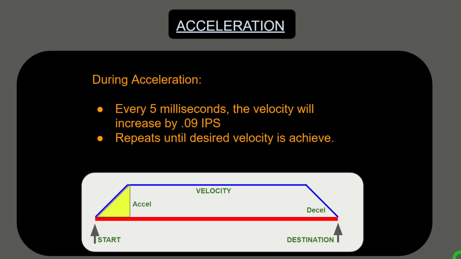However, in order to decelerate, we have to know in advance when to start decelerating. That's where the math gets a little bit more complicated, but with our simple approach to acceleration and deceleration, it's really not that difficult, but it is a series of steps to get the end result.